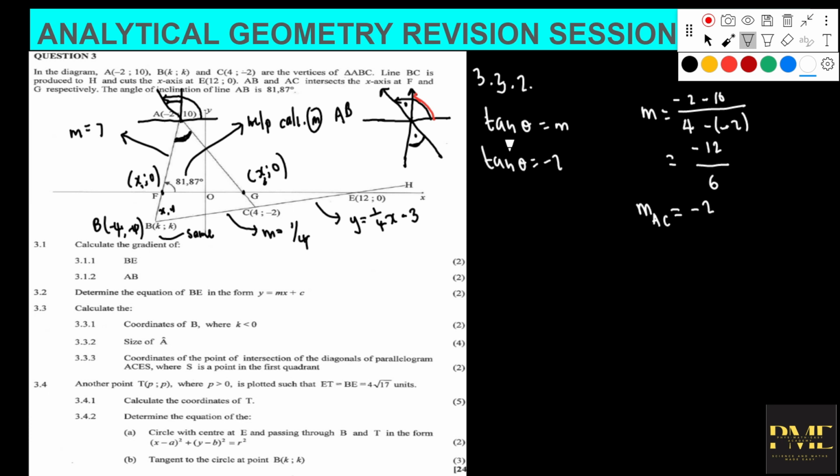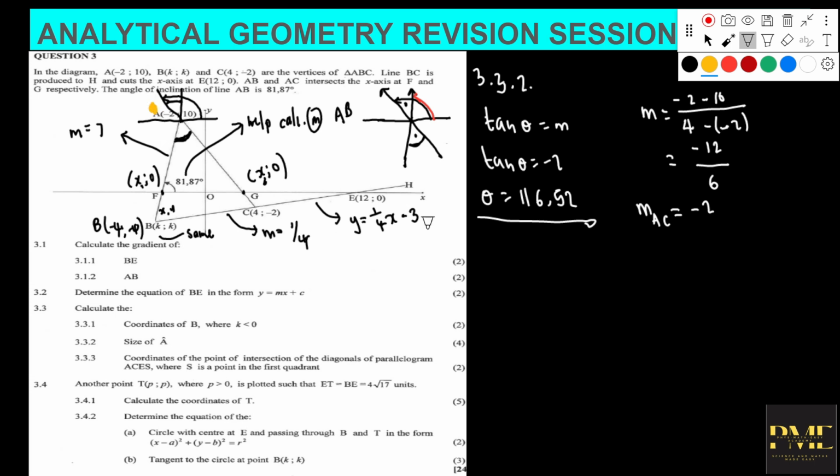Then I punch my calculator, shift tan of negative 2, and my theta should be equal to 116.52. Since the gradient is negative, you should know that the calculator gives you a negative angle, so you say 180 minus that angle.